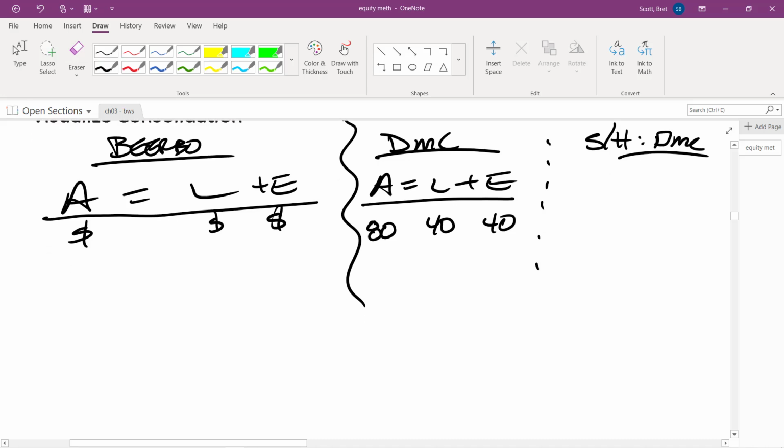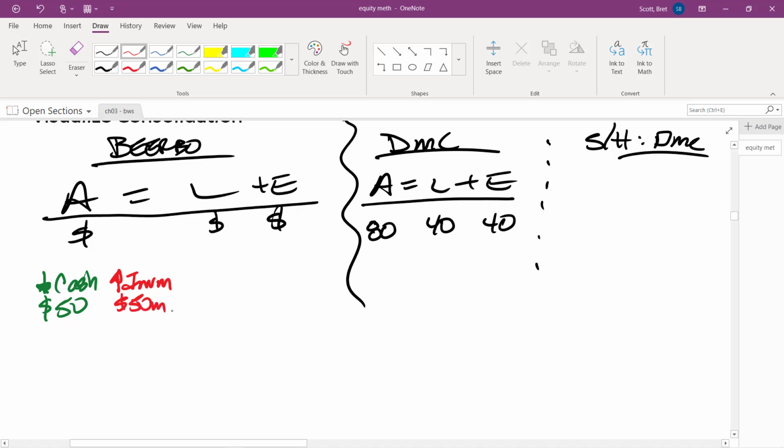When we buy out DMC, what we're doing is reducing our cash by, let's say, $50 million, and in the process, we're going to increase our investment in the subsidiary by $50 million.